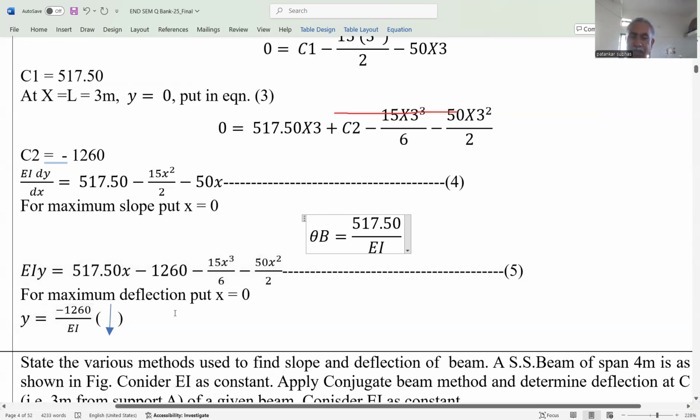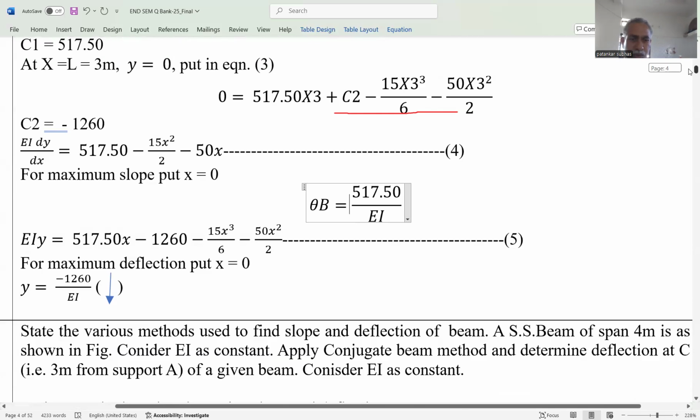The minus sign indicates the deflection is downward. So y is equal to C2, and theta at maximum is equal to C1. These constants of integration directly reflect the maximum slope and deflection of the beam.